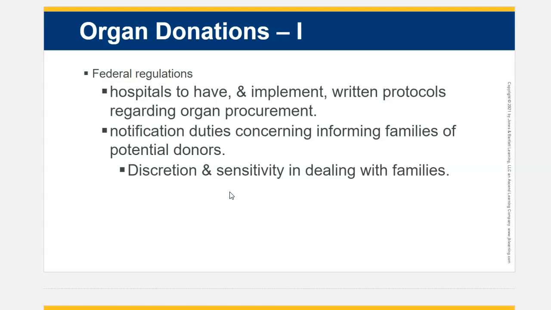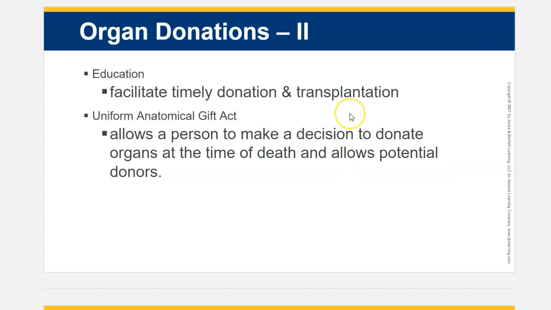Organ donations. There are hundreds of thousands of people on a list waiting for organ donation. They may or may not receive it before they pass. You have to qualify for organ donation. There is a hierarchy, and there are ways to move up on the list in regards to your health. So, if I'm 30 years old and I need a heart transplant, but I'm cruising along, doing okay, and I think my prognosis is I'll be okay for the next 5 or 6 years, I'm not going to be at the top of that transplant list.